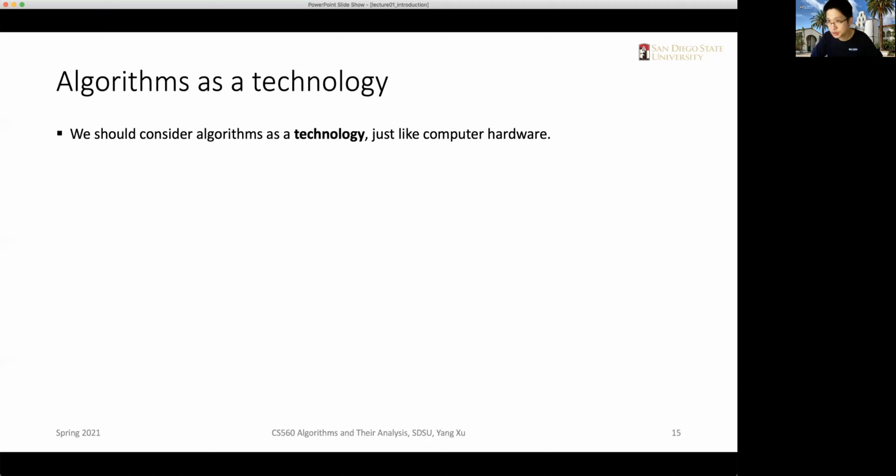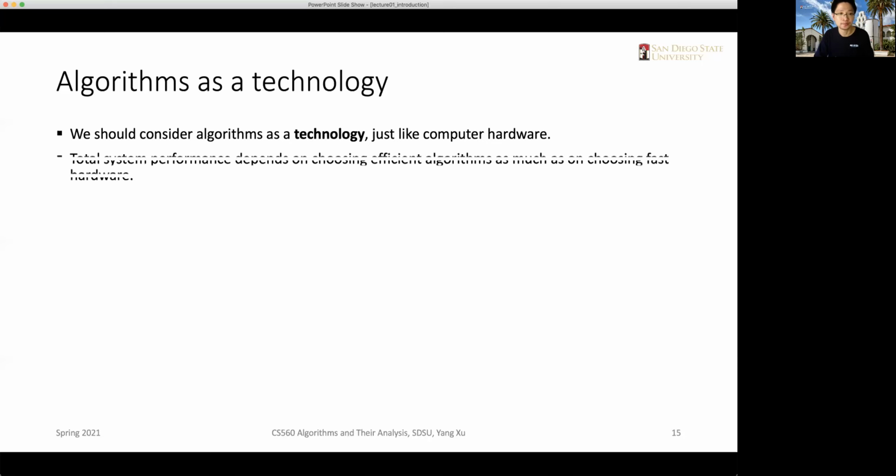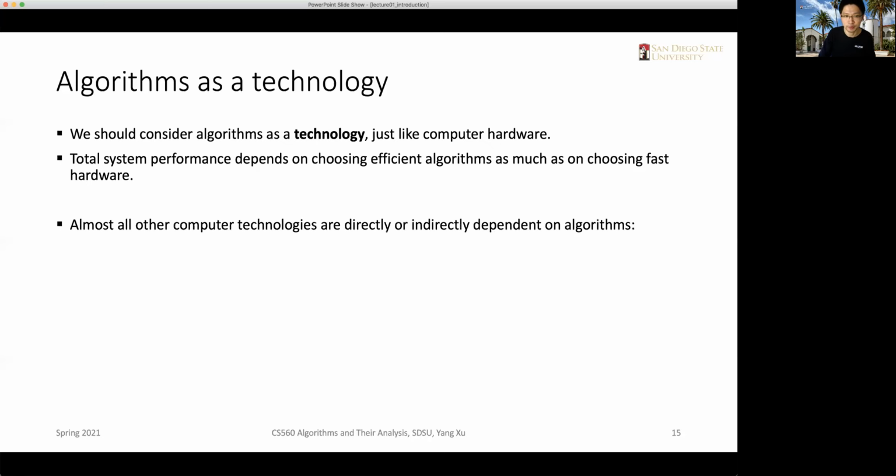We not just need fancy hardware, but also we need to use algorithms that are correctly and efficiently designed. So the system performance depends on the efficiency of the algorithms as much as on choosing fast hardware.